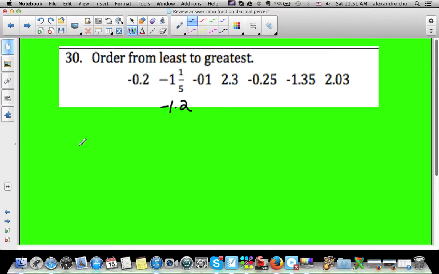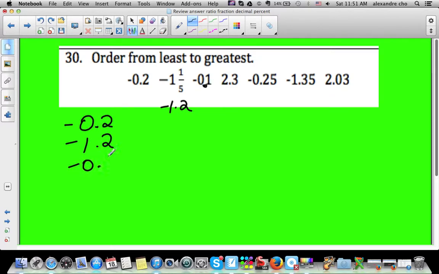We can do it. Which way should I do this? Let's see if this works. 1.2. Oh, there should be a decimal here, by the way.